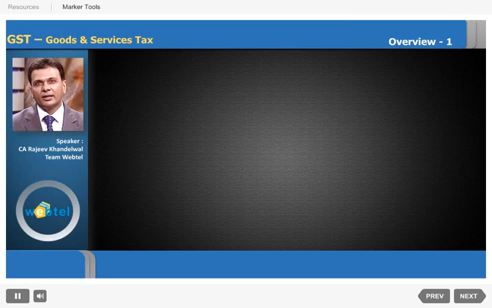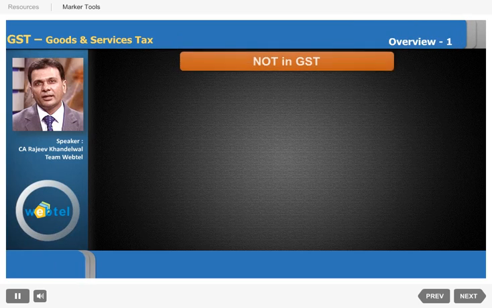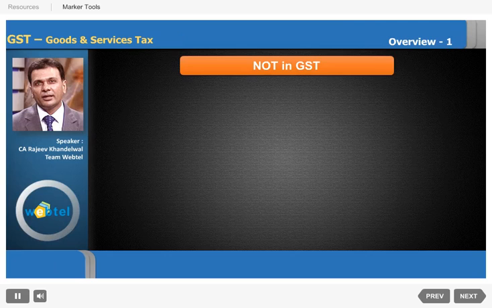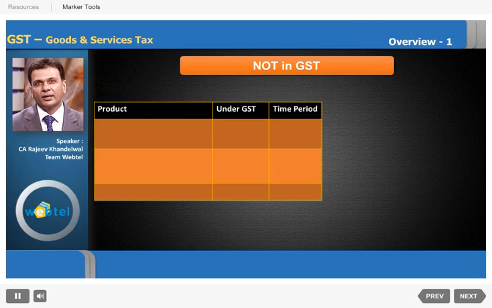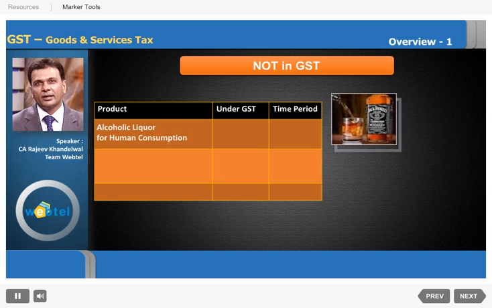Now the question arises whether GST will be levied on all the items, or whether for some items, services or goods, the old taxes, VAT or excise duty, etc., will still be levied. So let us see. One of the important items, which is a major revenue earner for most of the states, is alcoholic liquor for human consumption.